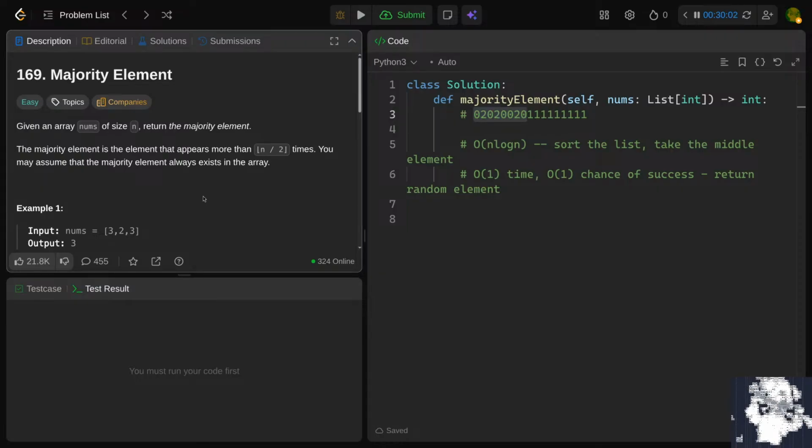So sort and then take the middle is still my best idea, which is not a good idea because it's not linear time, and it's arguably linear space depending on how you count space that's inside the input.